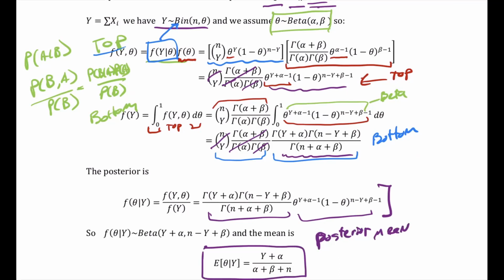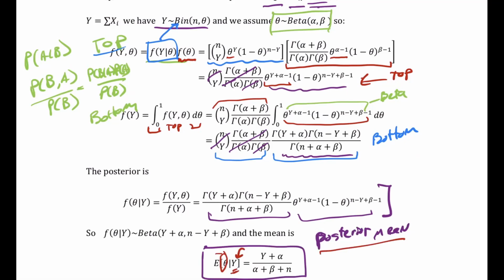The reason it's called a posterior mean is because we've conditioned on the data. Y is the data, and we're learning about the parameter, the probability of success. So it's the posterior mean.